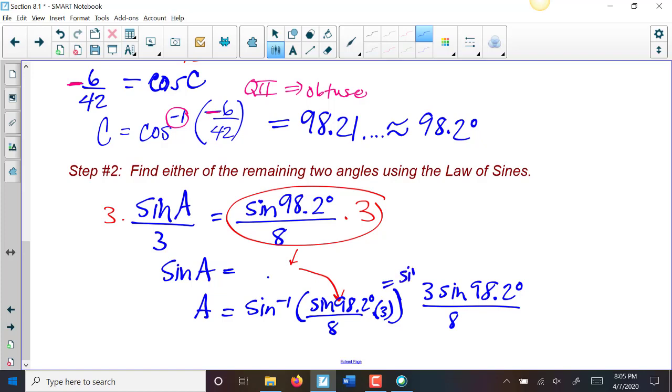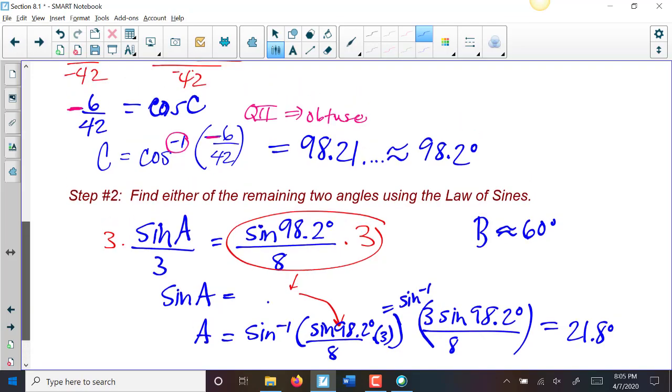Do the inverse sine of that, which comes out to be, I think, 21.8. All right, so then we could find angle B, which should come out to be approximately 60. Okay, and there you have it.